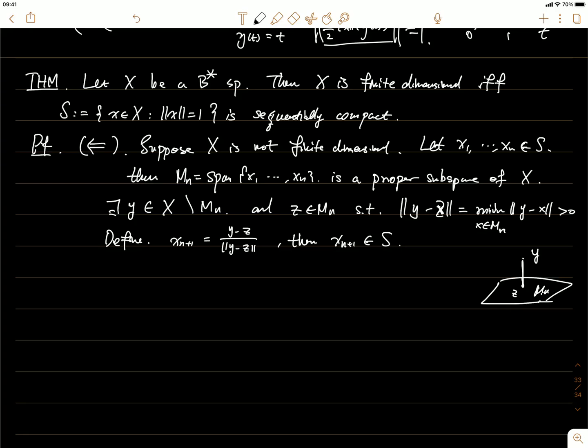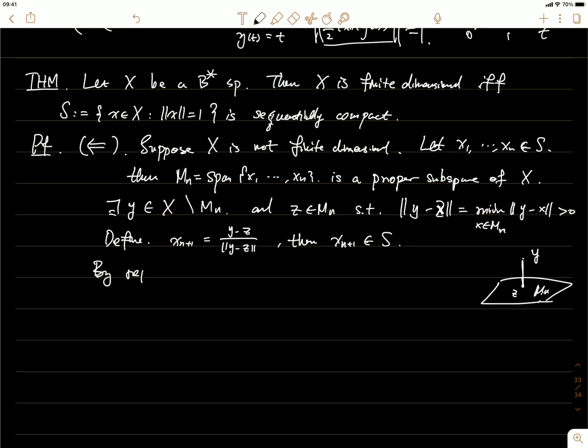And again, because X is not finite dimensional, I can show M(n+1), which just includes this x(n+1) into here, is still a proper subspace, and I can continue doing so. So I can generate a sequence.